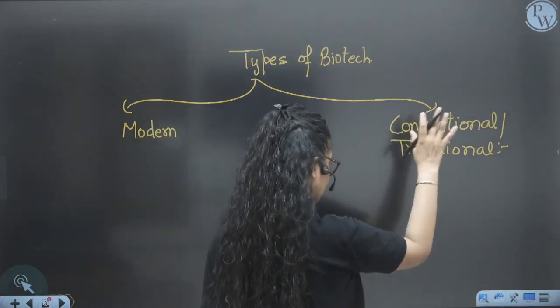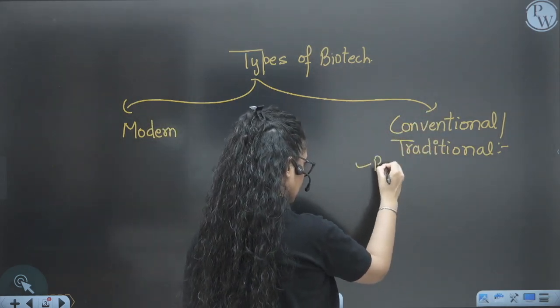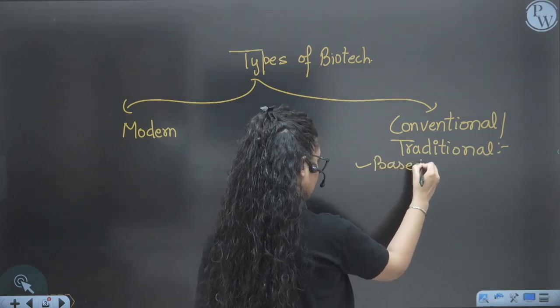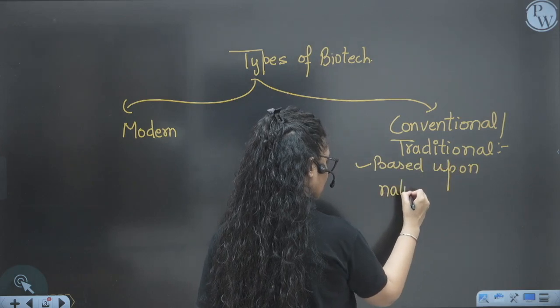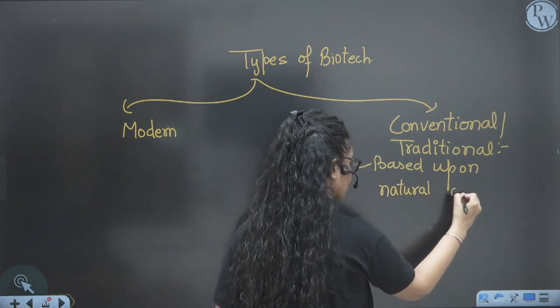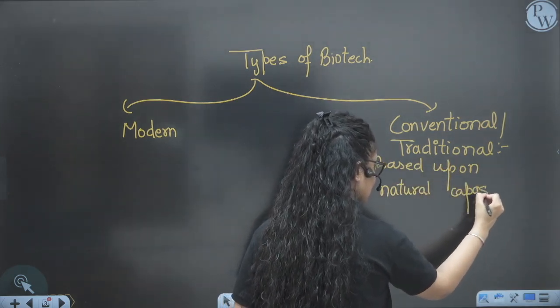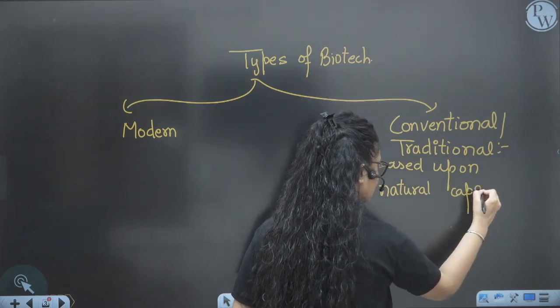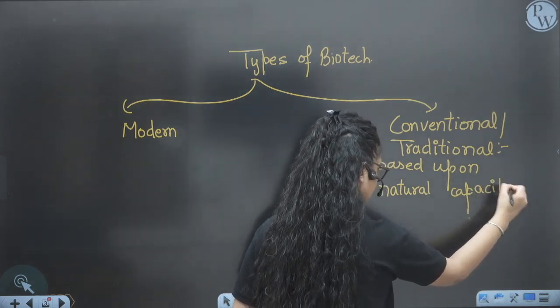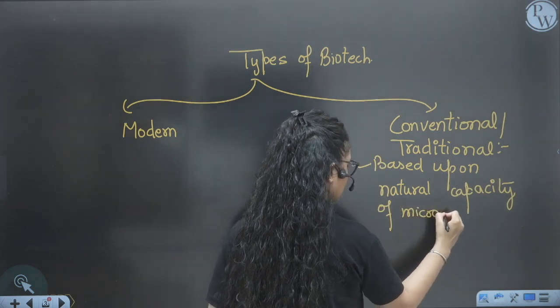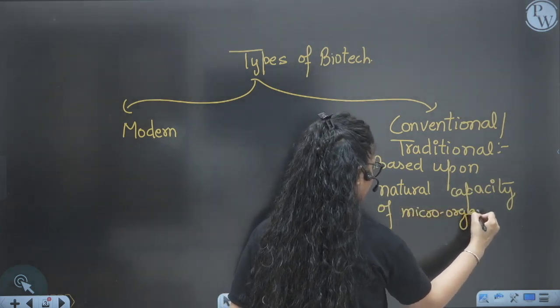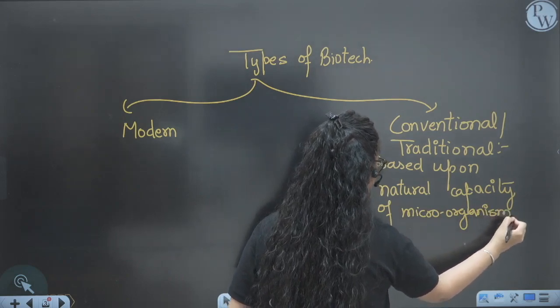So it is based upon the natural capacity of microorganisms to produce certain products that we have seen in the microbes chapter.